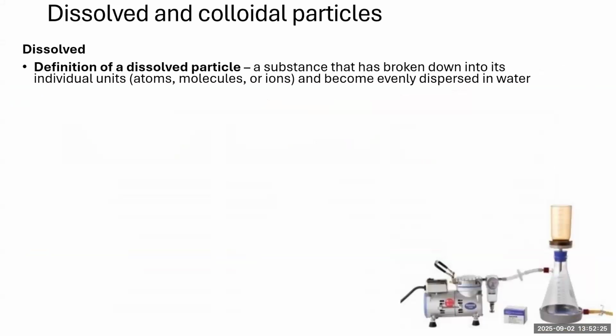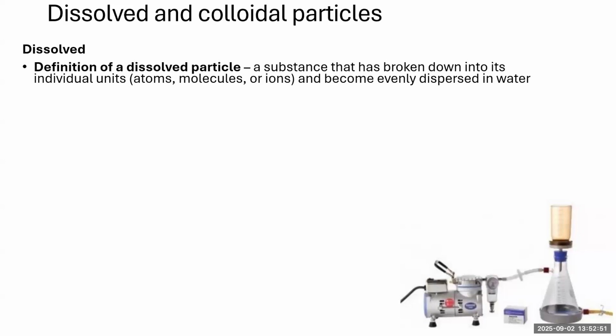There's different categories of solids, and we just mentioned dissolved versus colloidal, and some of these definitions overlap. I want you to understand how they overlap when you see different definitions. A dissolved particle, its official definition, is a substance that's broken down into its individual ions or atoms, and it's evenly dispersed in the water.